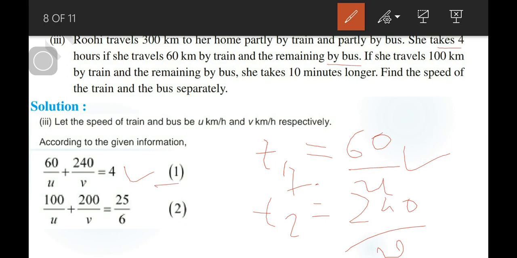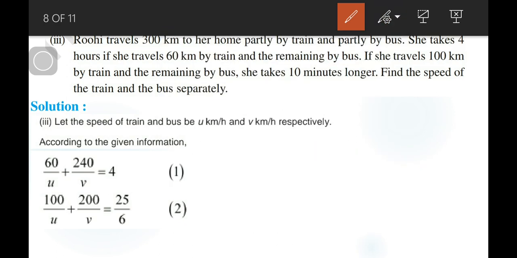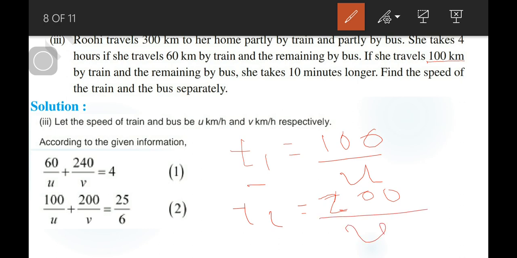So it is equation number 1, and for equation number 2, 100 kilometers traveled by train, the time t1 is equal to 100 divided by the speed of train u, as well as t2, that is distance 200 traveled by bus with speed v. Then t1 plus t2 takes 10 minutes more, means here we find 4 hours and 10 minutes.